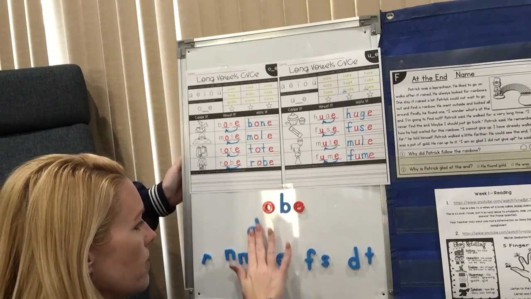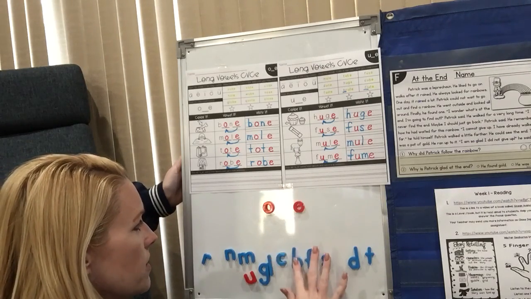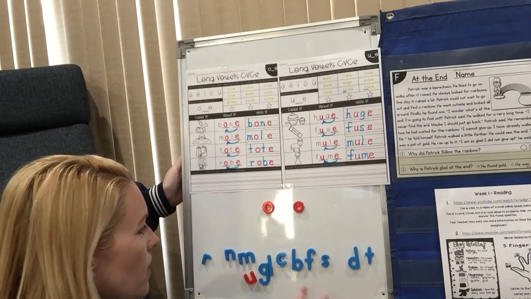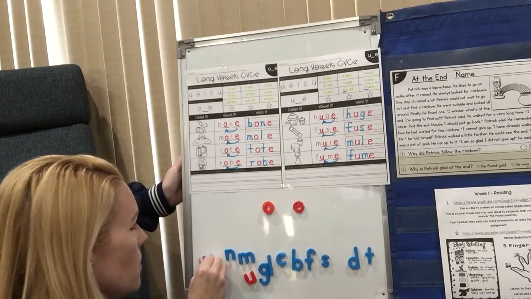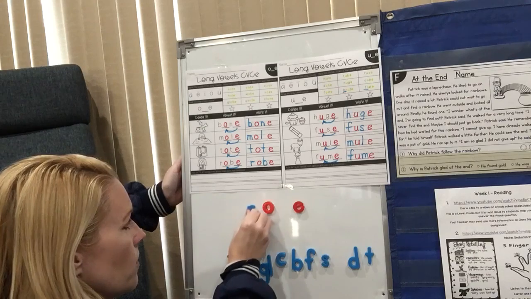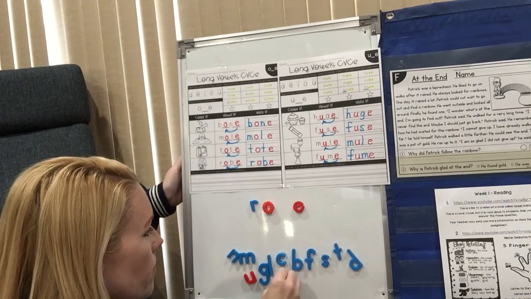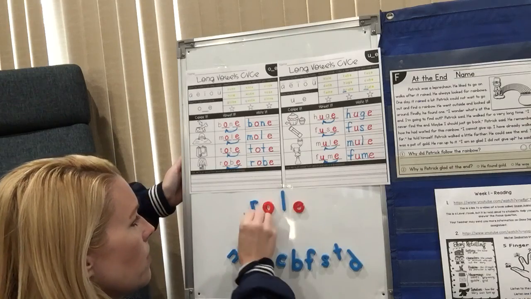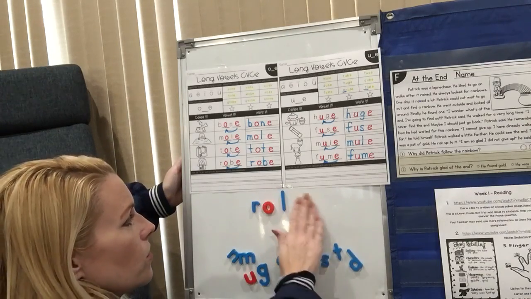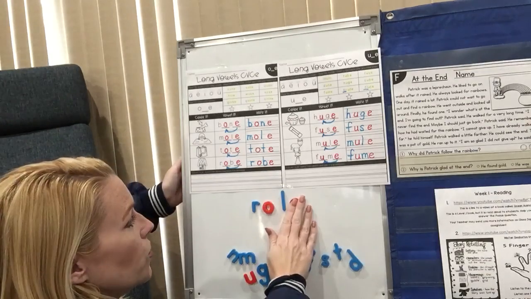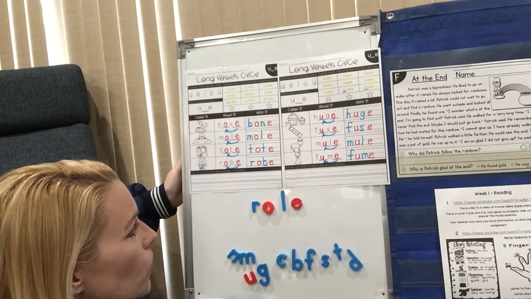I could take away this blend. I could take away that B. I could say, oh, how about this one? Ooh, there we go. I could say roll and then change it to role, role.